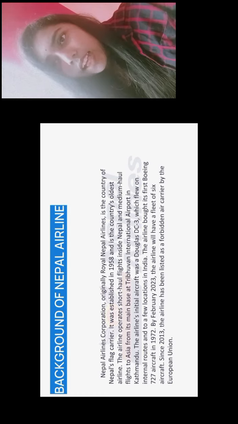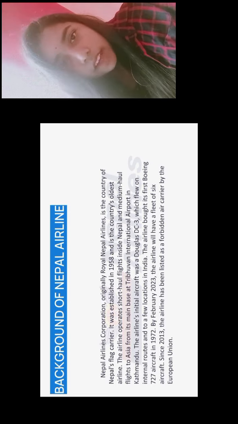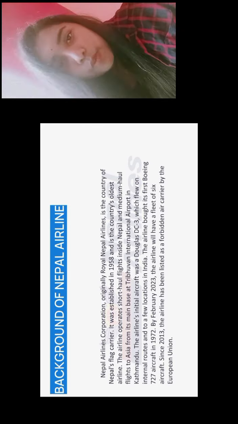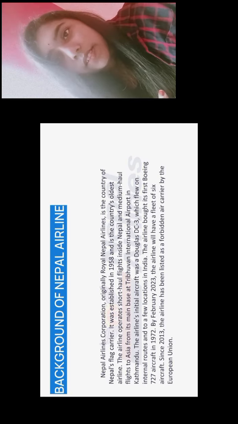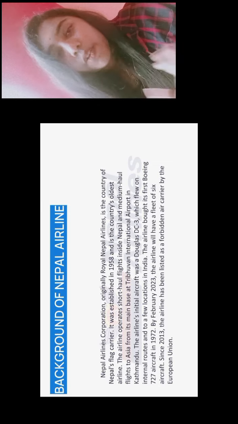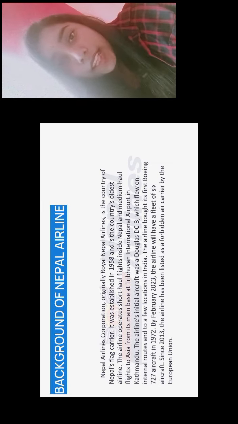Other than that, its first Boeing aircraft was the 727, in 1972. This is the basic information that I got and shared with you guys. Then I give it to my friend to continue with the other information about Nepal Airlines.